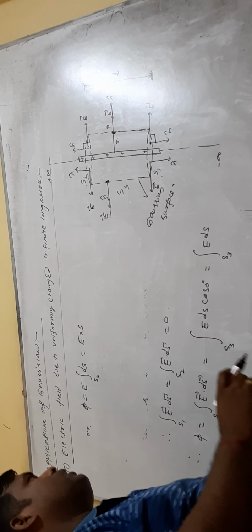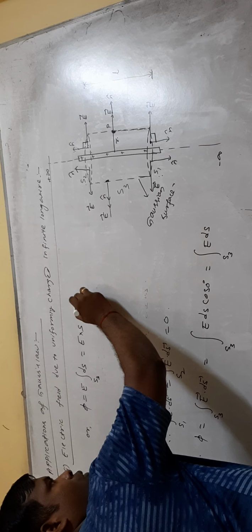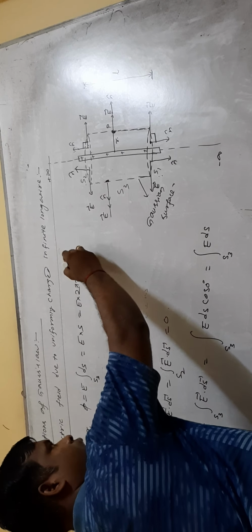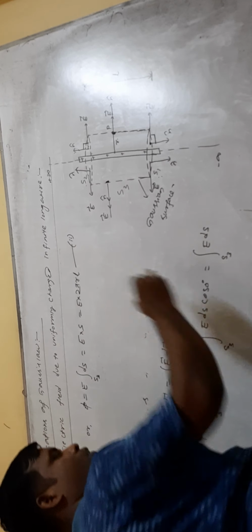It is the cylinder, so that is E into the curved surface area, 2 pi RL. Let it be equation number 2.